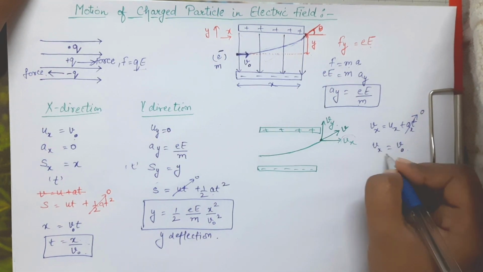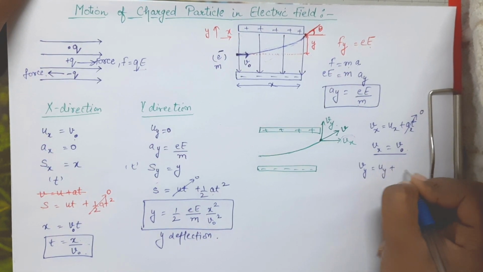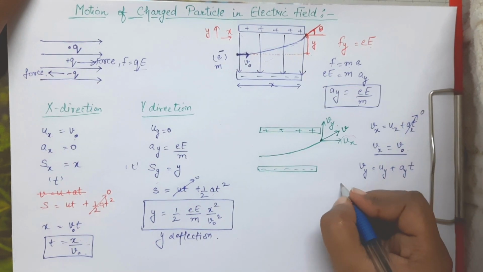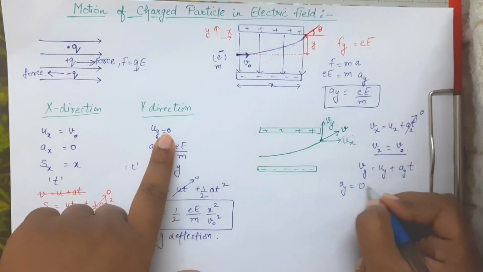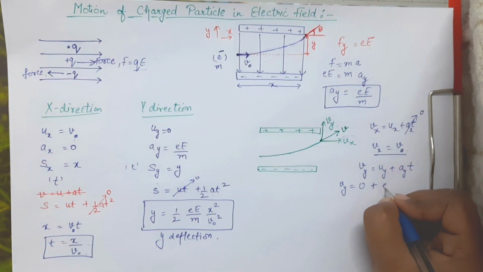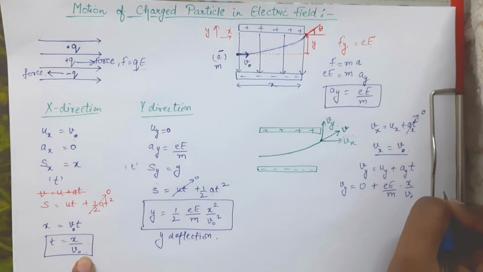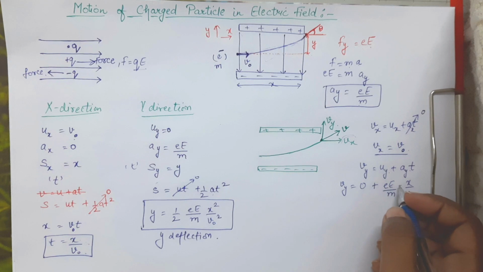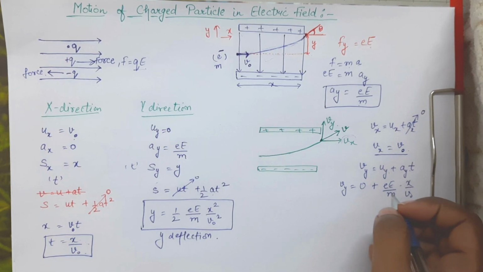Now same formula, vy is equal to uy plus ayt. So here vy is this, uy is 0, plus acceleration along y direction, e by m, into x by v naught. Time is x by v naught. Now from here we are getting vy equals e by m into x by v naught.